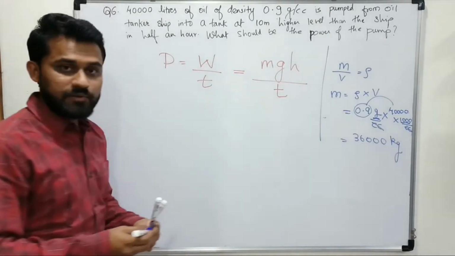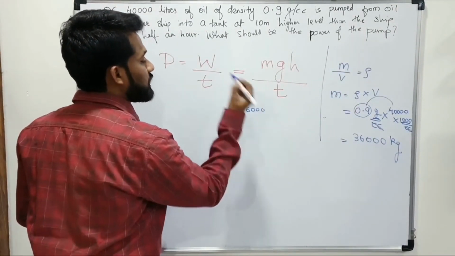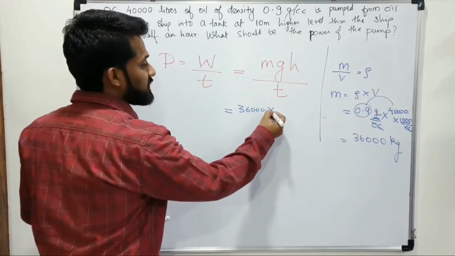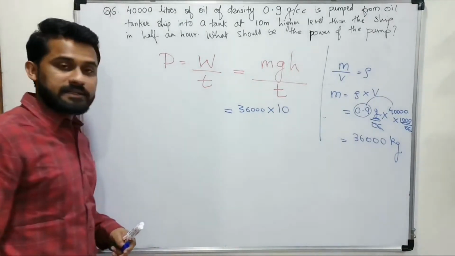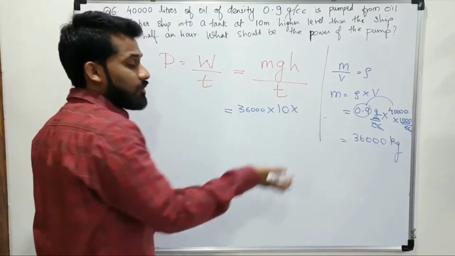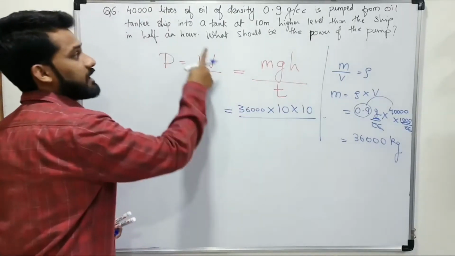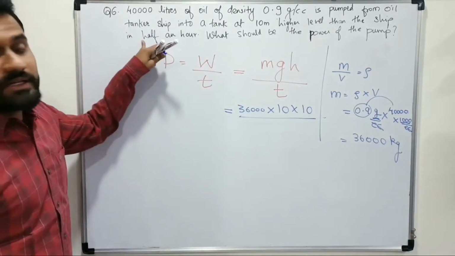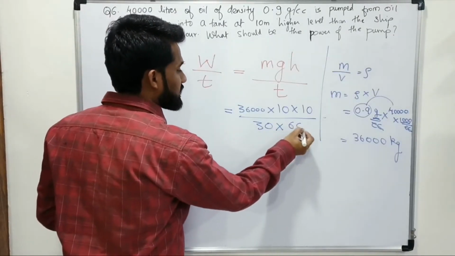So if I put the values now, the mass of the oil is 36,000 kgs into acceleration due to gravity, which is 9.8, but to make calculations easy, I will consider it as 10, into the height above which the oil is raised, which is 10 meters, divided by the time required, half an hour, that is 30 minutes. In seconds, I can write it as 30 into 60.